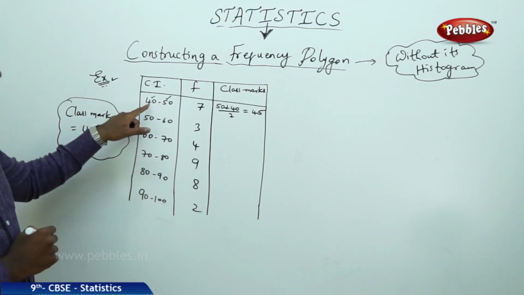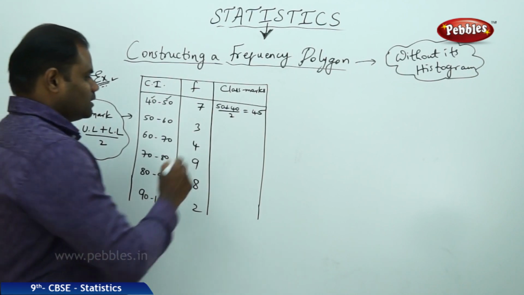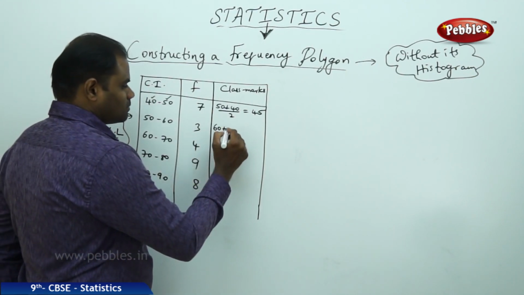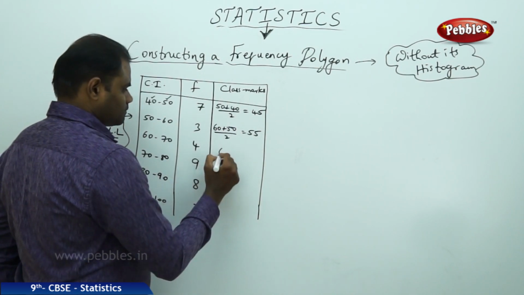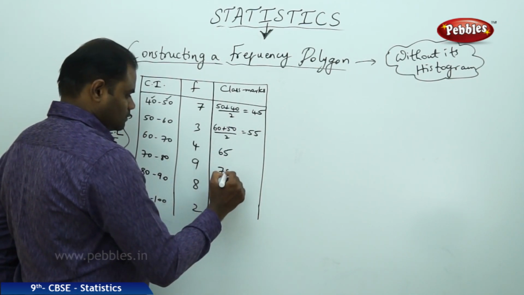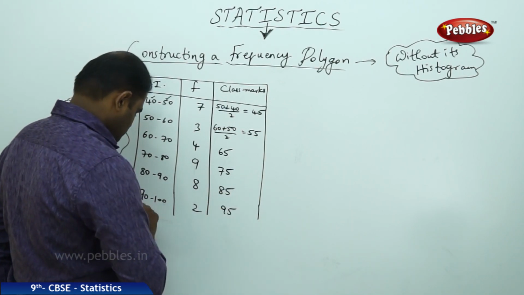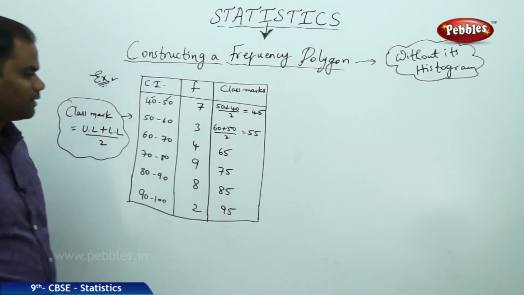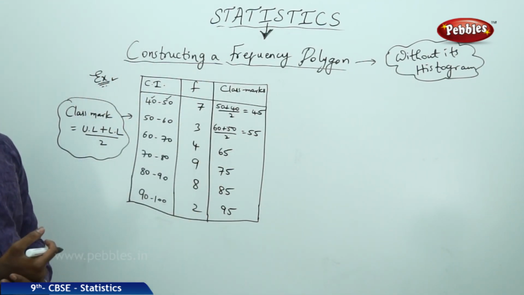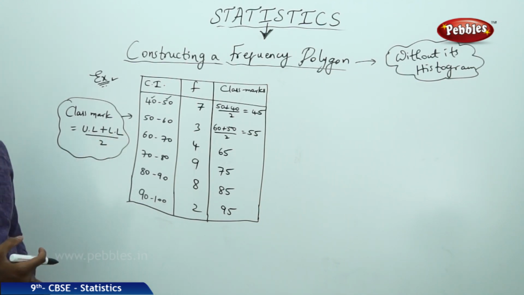The class mark for the next class interval is 55, then 65, 75, 85, and 95. That is how I get the class marks, upper limit plus lower limit by 2.